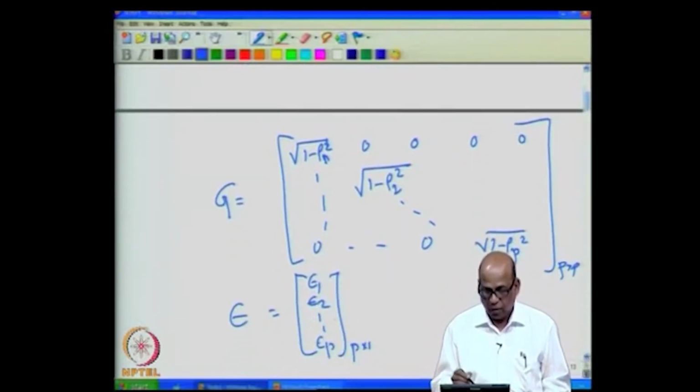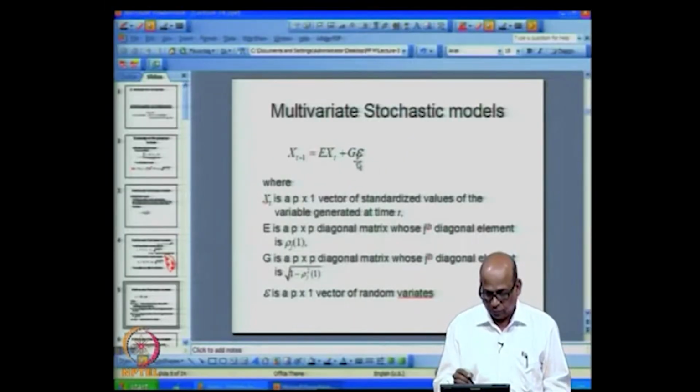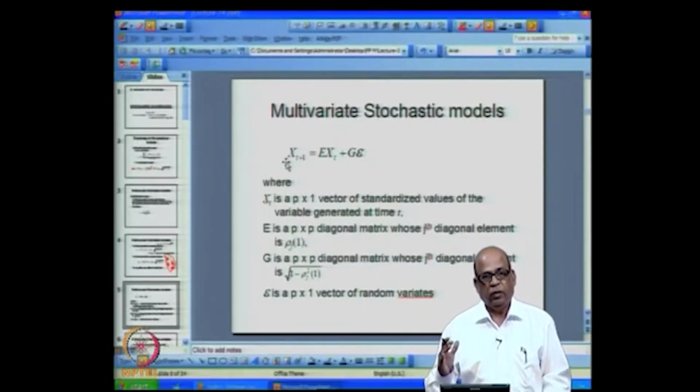The epsilon, I am sorry, it is not standard variates, they are random variates. Now, they consist of epsilon 1, epsilon 2 etcetera up to epsilon p. If you look at this expression now, E is known, x t is known, G is known, epsilon is what we have to define, so that your x t plus 1 gets generated.